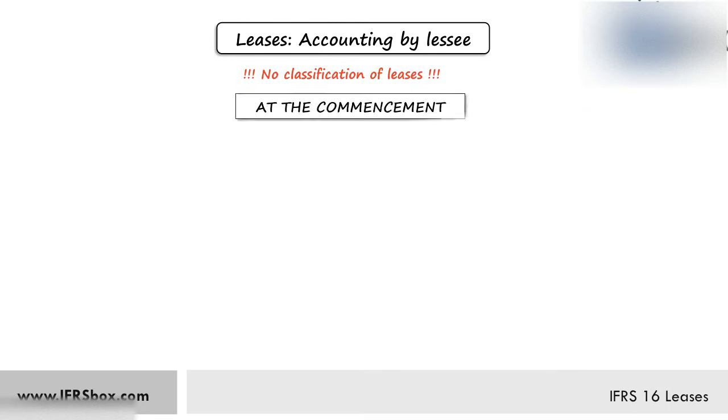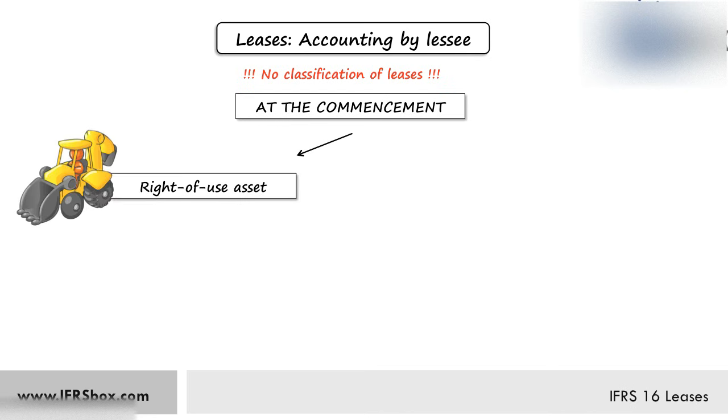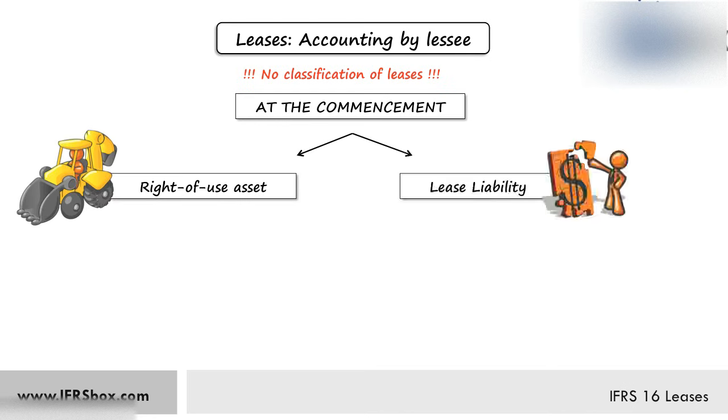At the commencement of the lease, the lessee recognizes both the right of use asset and a lease liability. So here you can see that even when the lease is operating, according to previous definitions, lessee always recognizes some asset, and that's the huge change because before lessee recognized all payments under operating leases straight in profit or loss.